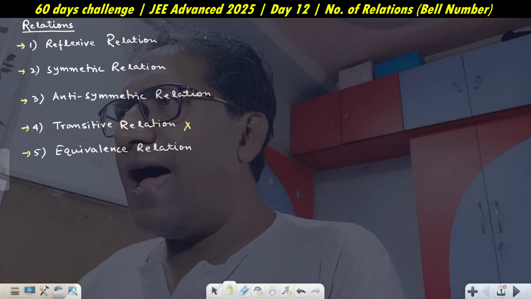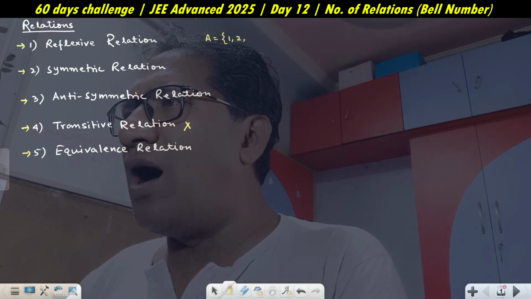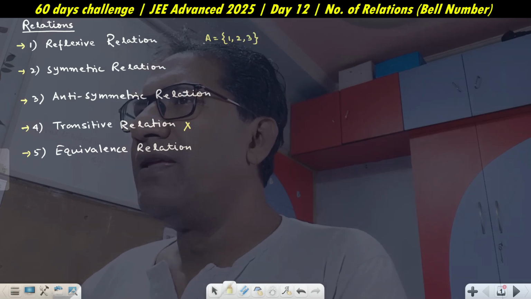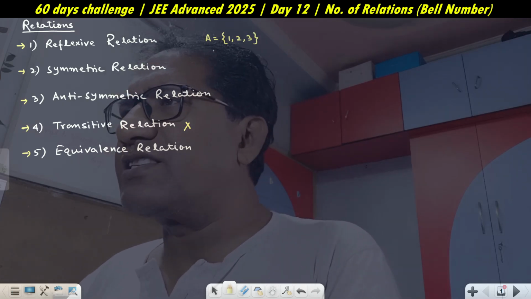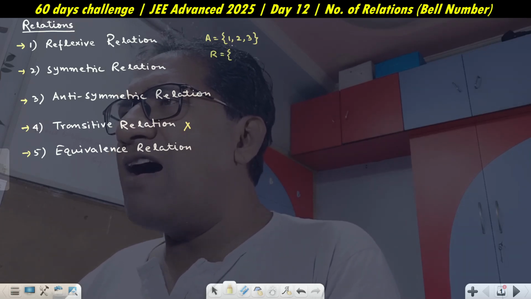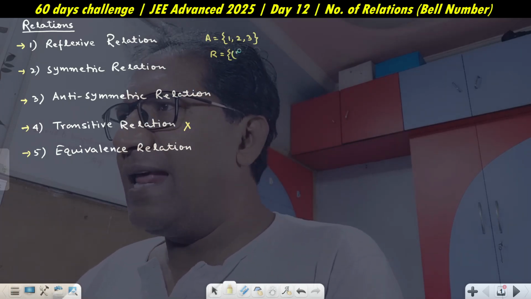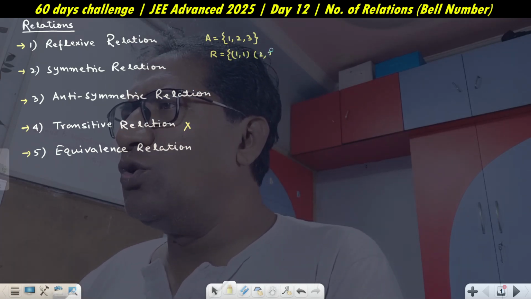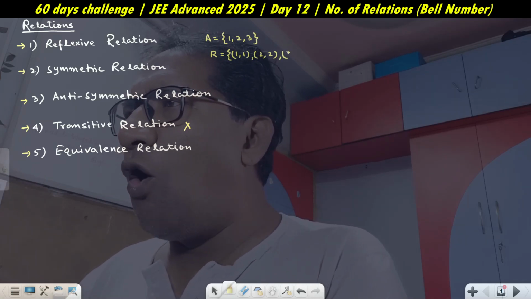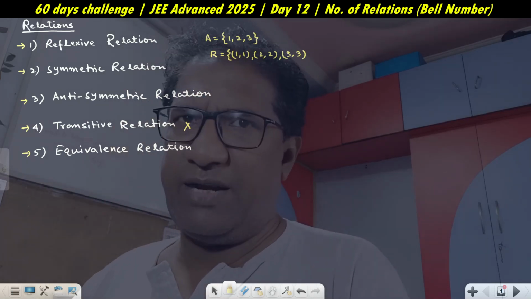Reflexive relation is that, suppose your set A has the elements 1, 2 and 3, then a reflexive relation states that any relation which will have all those elements in pairs, that is 1,1, 2,2, 3,3. These three ordered pairs will definitely be in that relation.